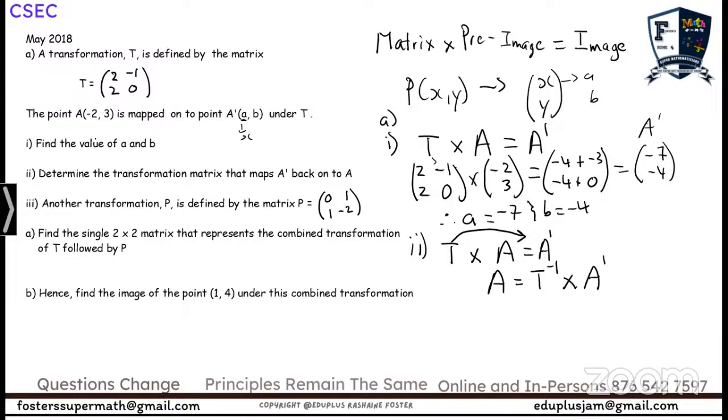All right. Next, question 3 now. It says, another transformation P is defined by the matrix P equals 0, 1, 1, -2. It then says find a single 2 by 2 matrix that represents the combined transformation of T followed by P. All right.